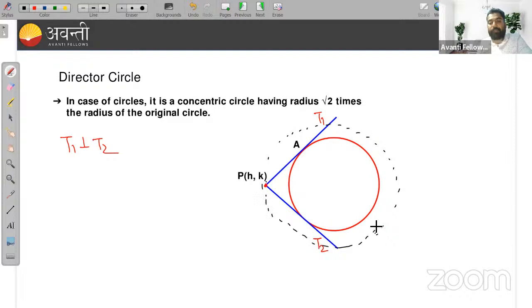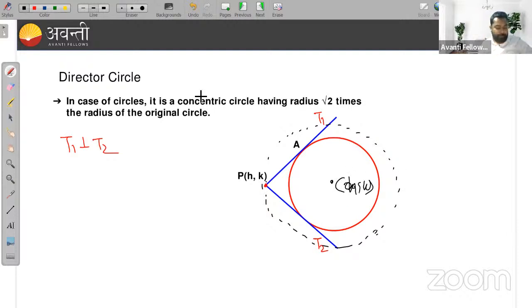So this is my director circle. And in case of circle, the director circle and the previous circle are both concentric. Concentric means those circles having the same center.